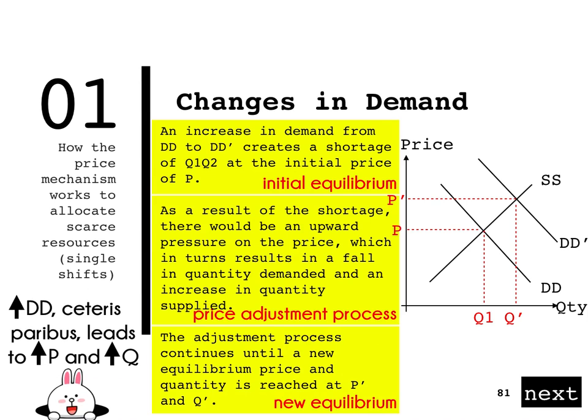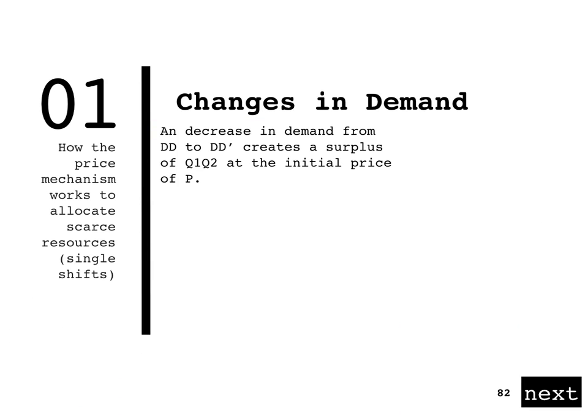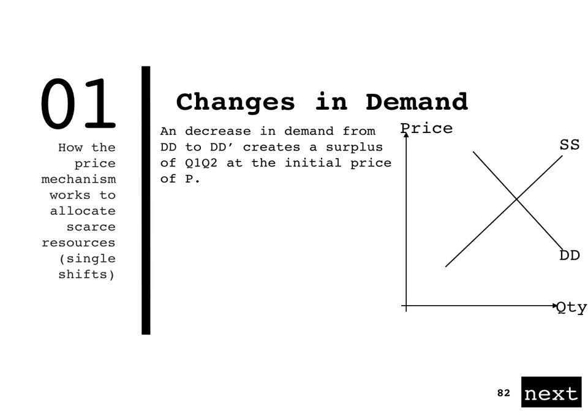Now let's look at what happens when there is a decrease in demand. So similarly, we'll look at the original equilibrium, which is at P and Q1 right now. Because of this decrease in demand, you realize that demand shifts leftwards to DD prime. At the original price of price P, now the quantity demanded is at Q2. No longer at Q1 because demand has fallen.